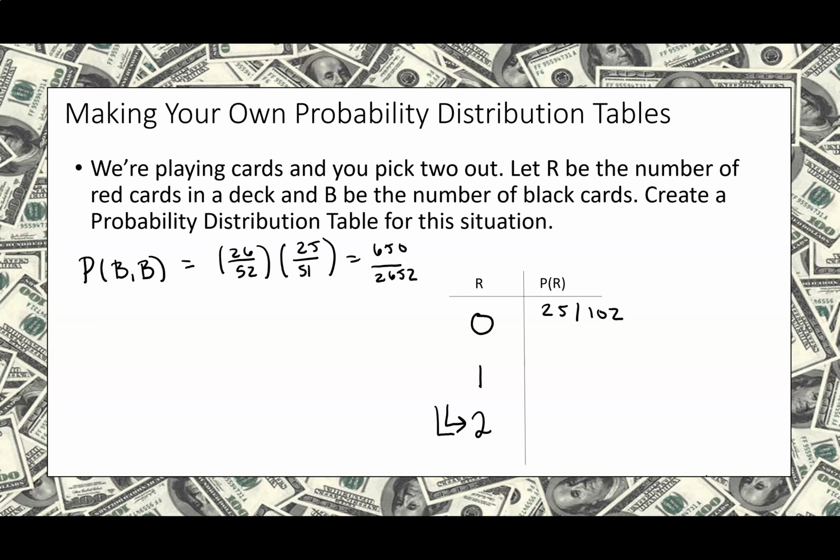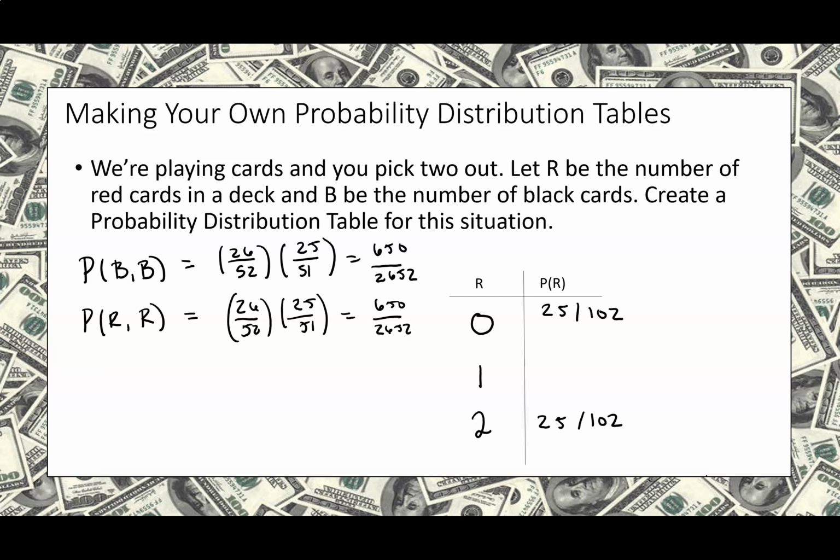What's the probability of getting 2 reds? Well, that's going to be probability of R, R. Well, that's going to be 26 over 52. And then you pick out a red, and you're down to 25 over 51. And notice that that's the same thing that we had above. So that's also going to reduce to 25 over 102.